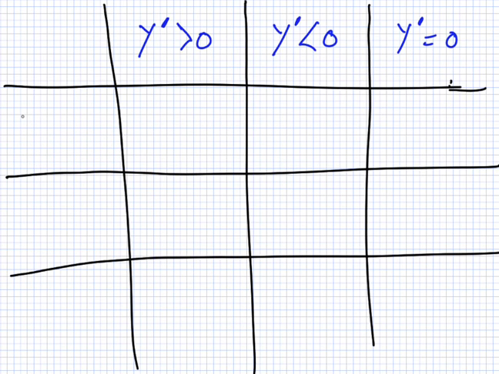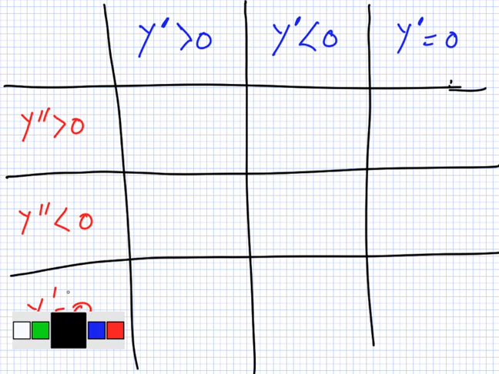And also the second derivative is positive, the second derivative is negative, and then the second derivative is 0. I think maybe I wrote it a little differently in your book, it doesn't matter. Just copy this down. So we'll try and fill this table in together.